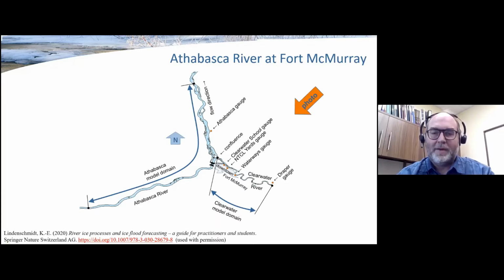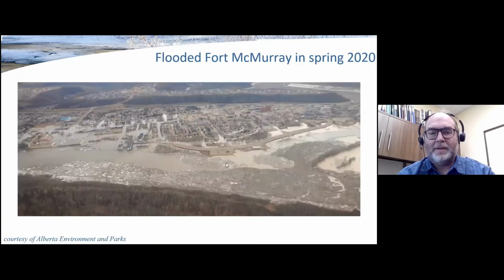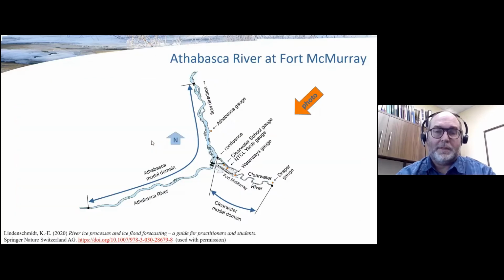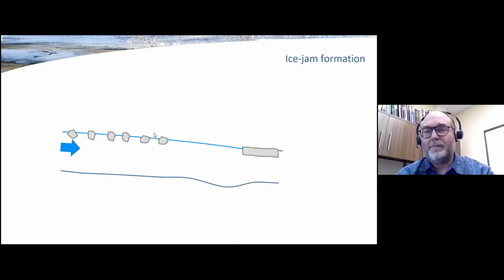Then you have the discharge being blocked, but then backflowing up into the Clearwater River, which is quite flat, and will then flood the town of Fort McMurray, which is situated on the floodplain of the Clearwater River. So lots of damage; it's just a huge issue for some of the northern rivers.